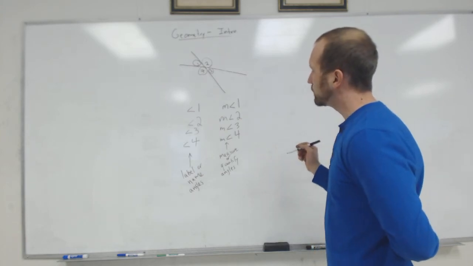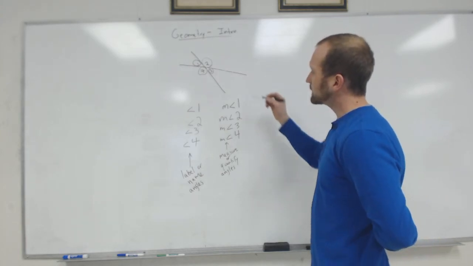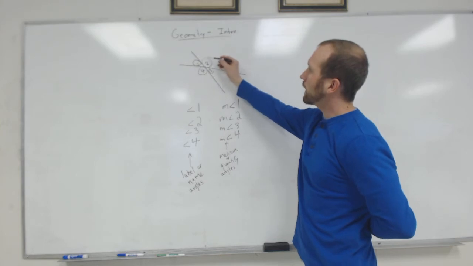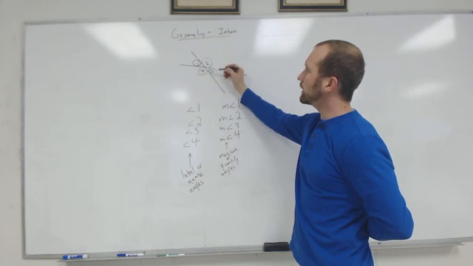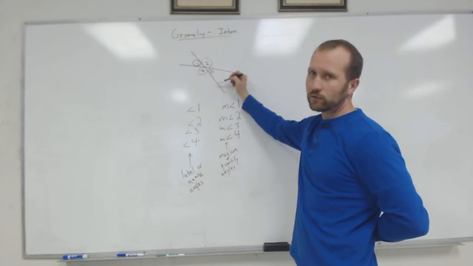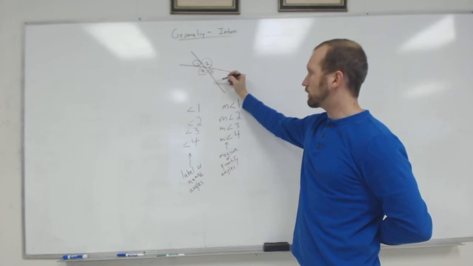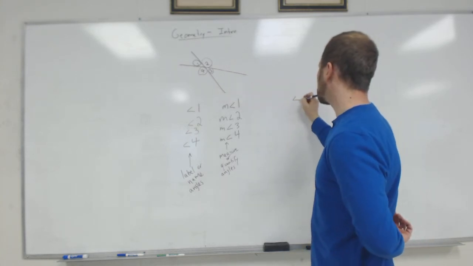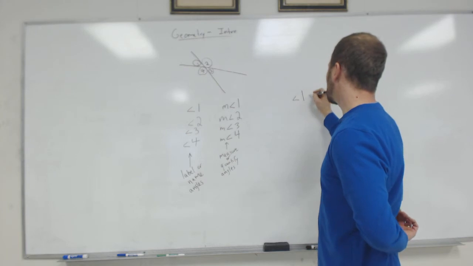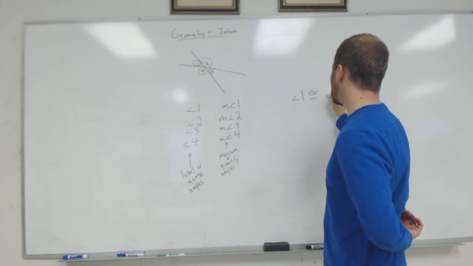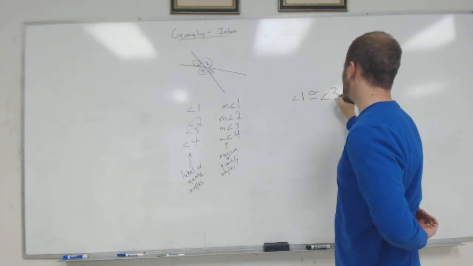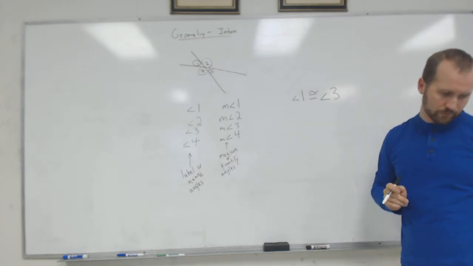So for example, I might say that I know that angle 1 is equivalent to angle 3. And I would write that like this. Angle 1 is equivalent to angle 3.